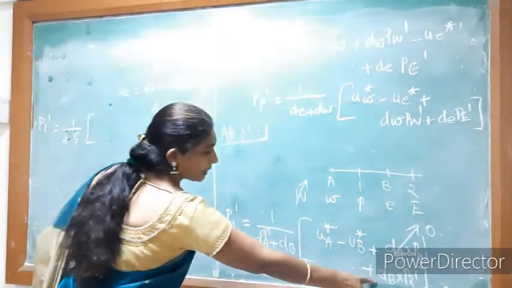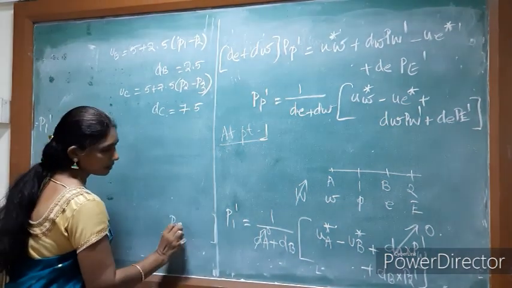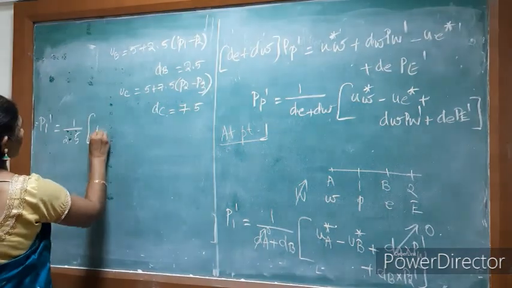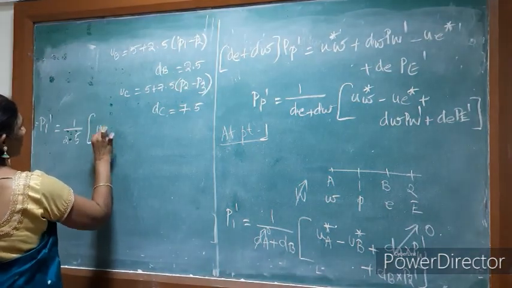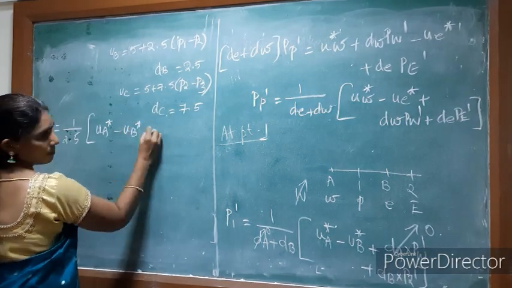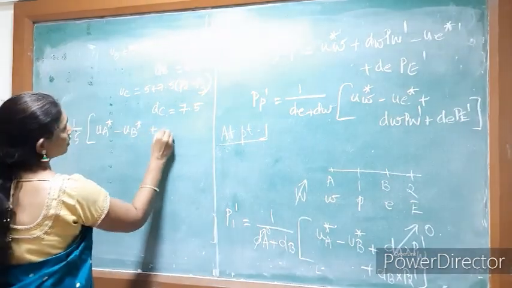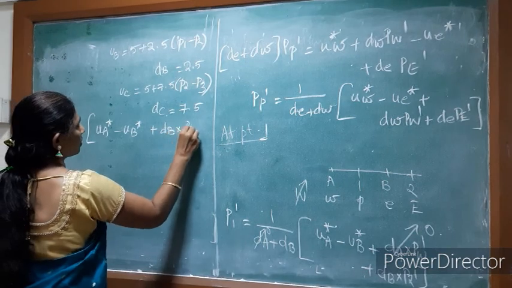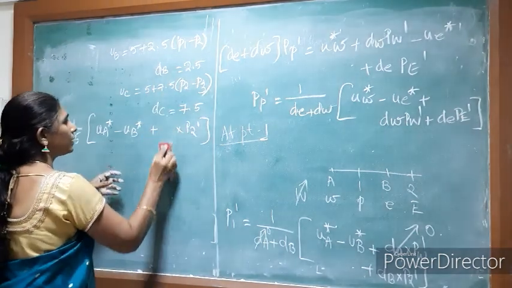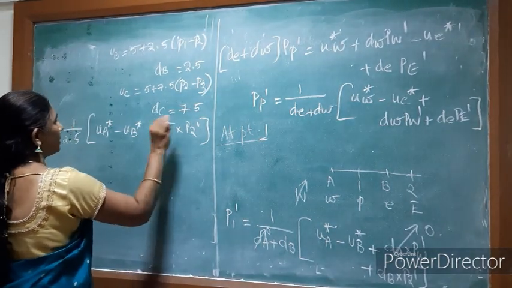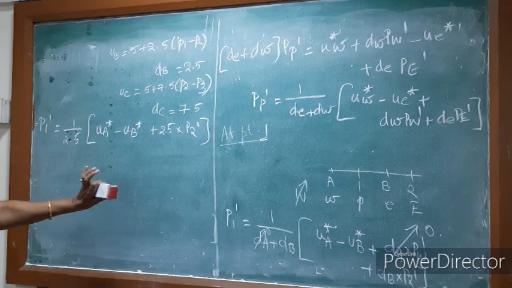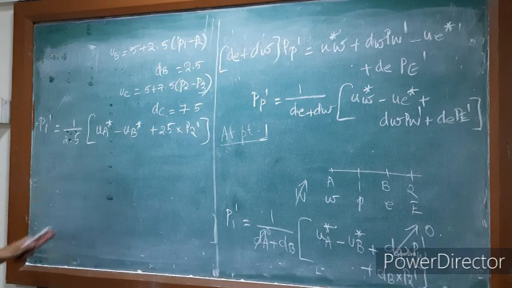Okay, what is P2 dash? P2 dash is, okay, we'll have to find out P2 dash. This dB is 2.5, so I'm writing 2.5 in the place of dB, right? And UA and UB, we have already arrived at, right? We got two values of UA and UB.